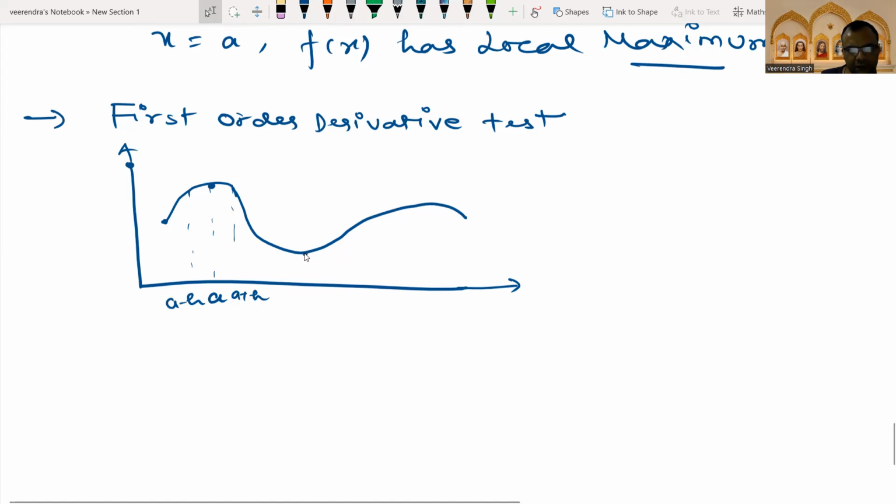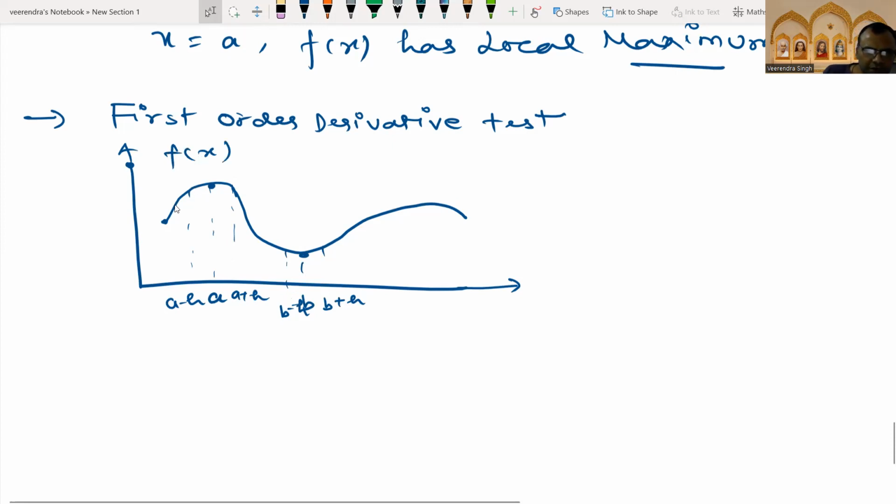Similarly, here we have a point B, here the point B plus h, and here the point B minus h. Now we will try to understand this, and this is the graph for f of x.